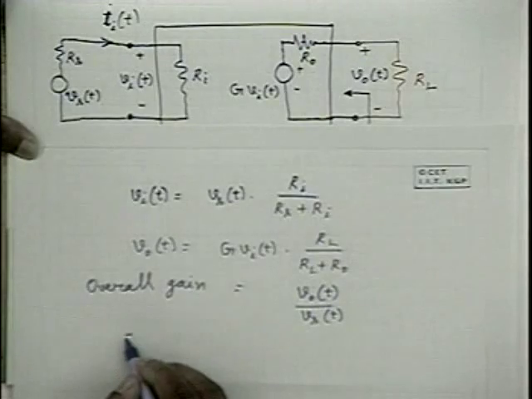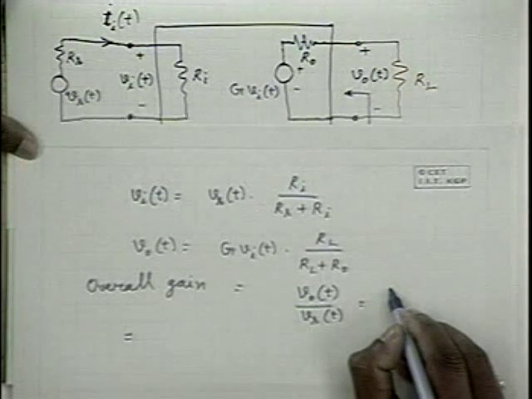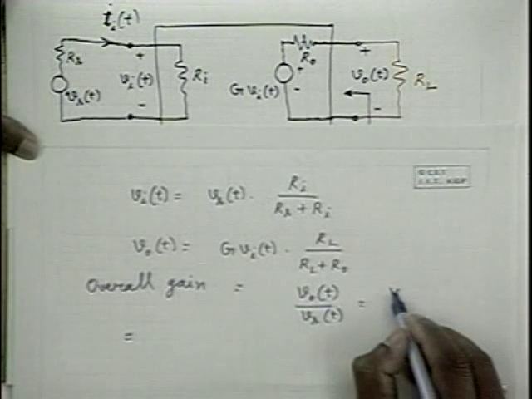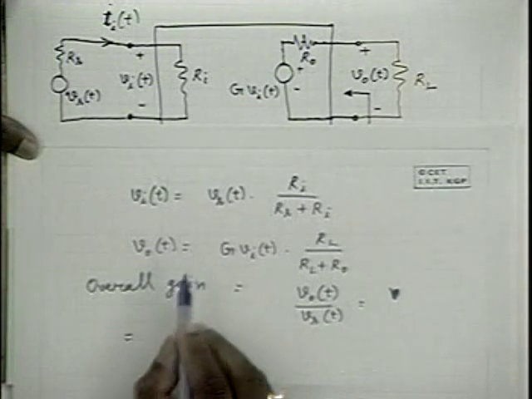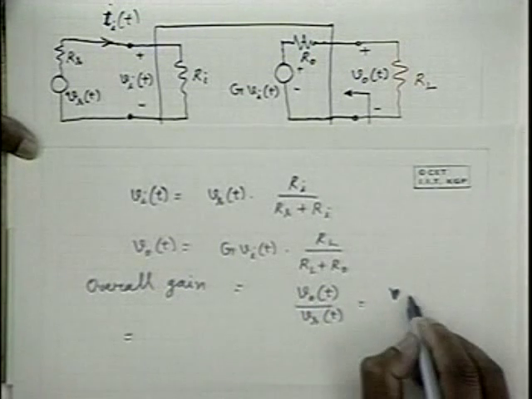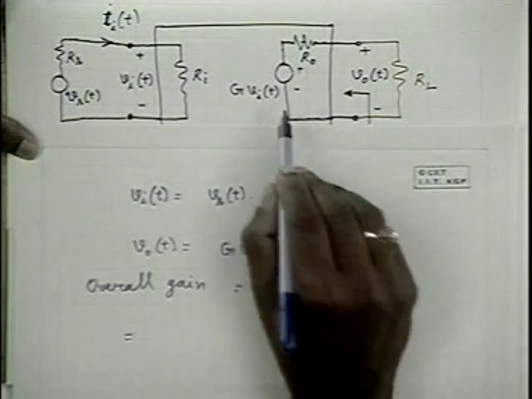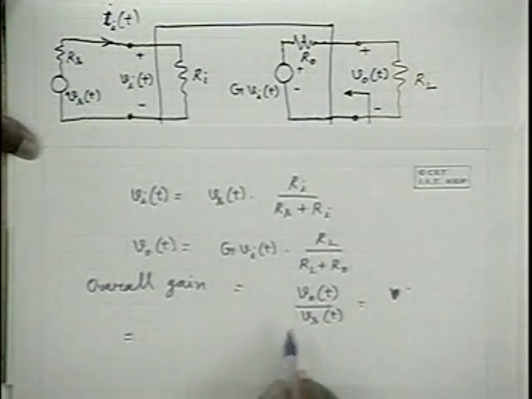So that can be expressed as VOT divided by GVIT, into, you can write the ratio on the input side and output side.